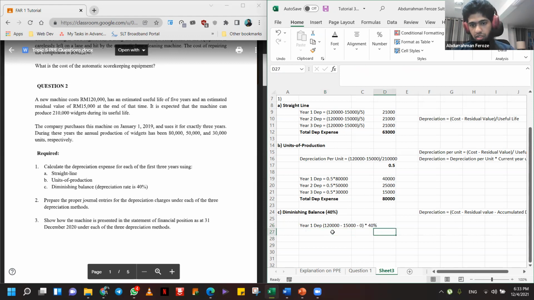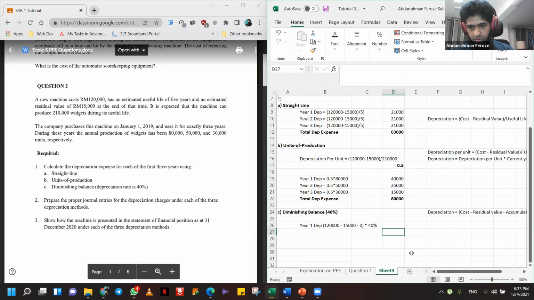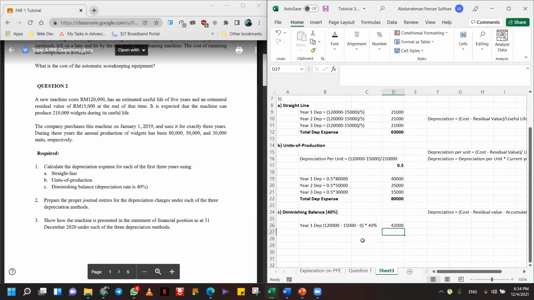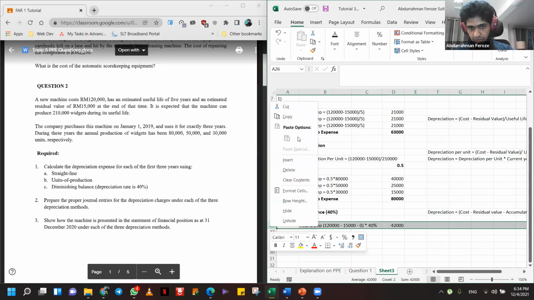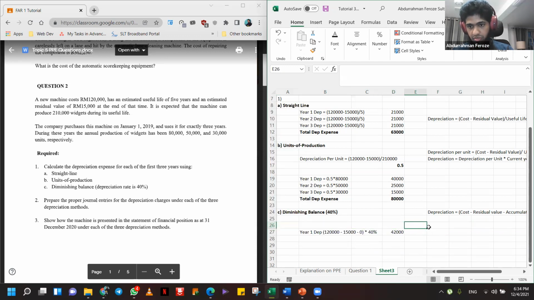So how much is 105,000 into 40%? This would be 42,000. Now there needs to be a separate column for accumulated depreciation.